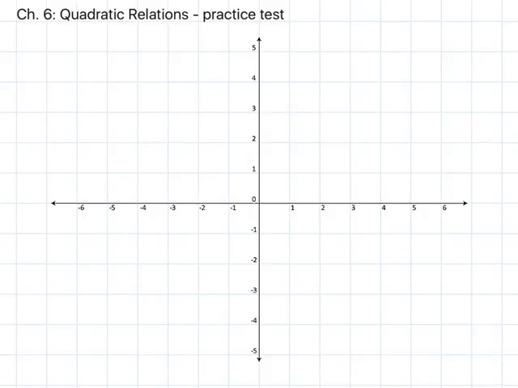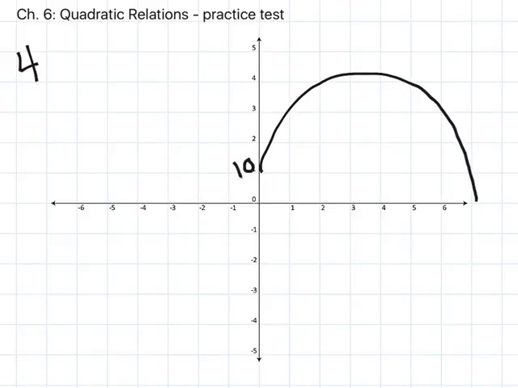Again, not having a graphing calculator, it would look something along the lines of that. Actually, I guess it'd be more like that with this being 10.